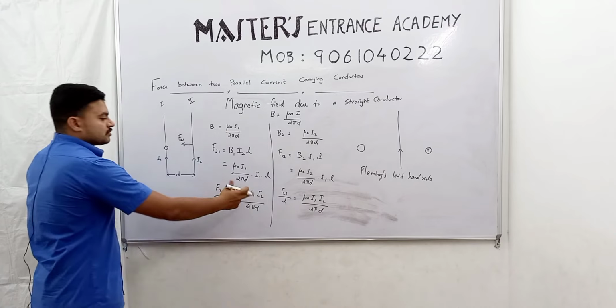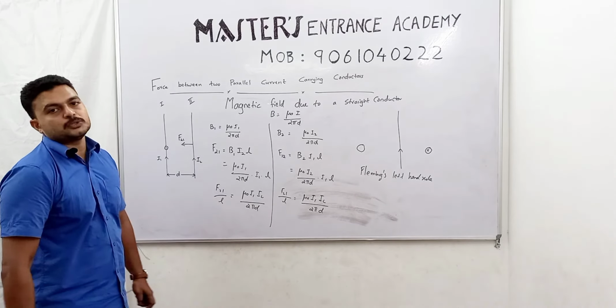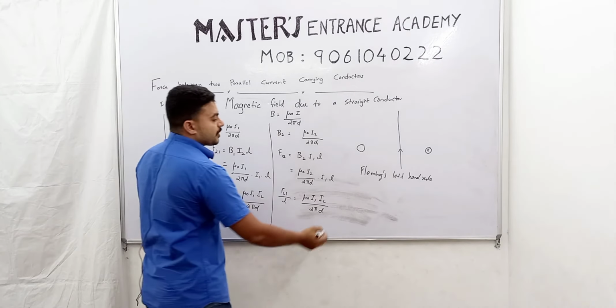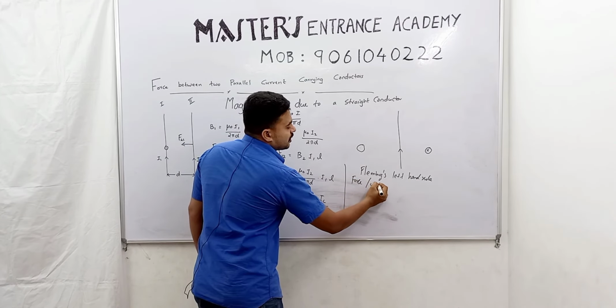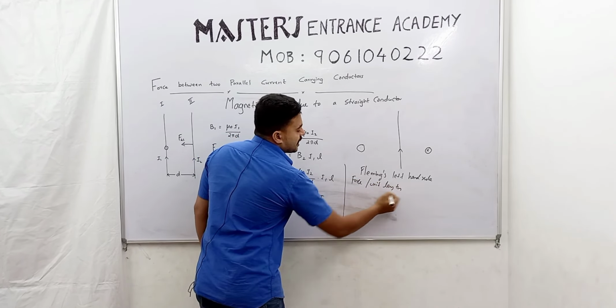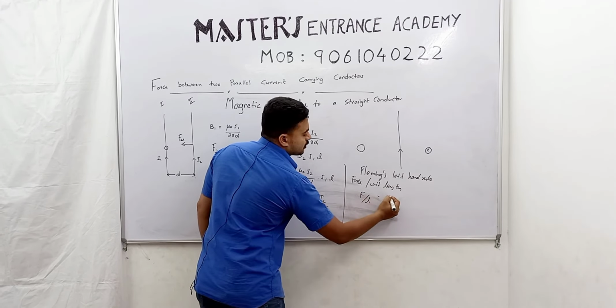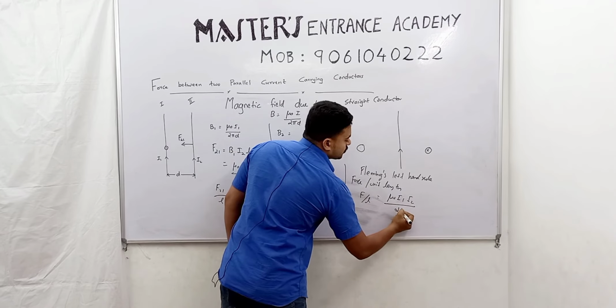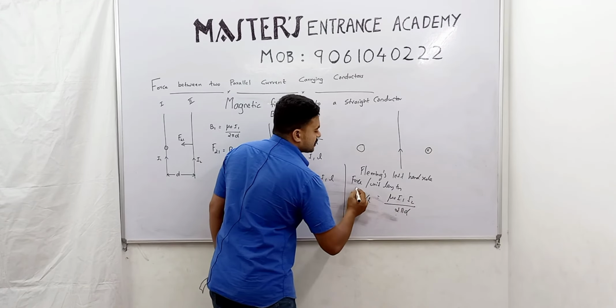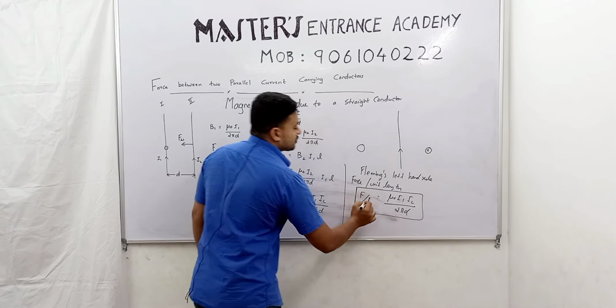Both equations are equal in magnitude. So the force per unit length, F by L, is equal to mu naught I1 I2 by 2 pi d. This is the force per unit length equation.